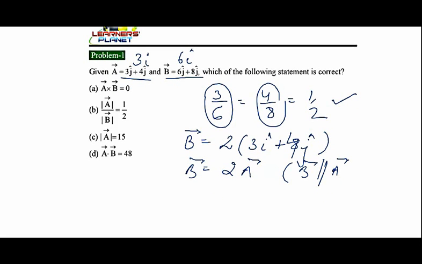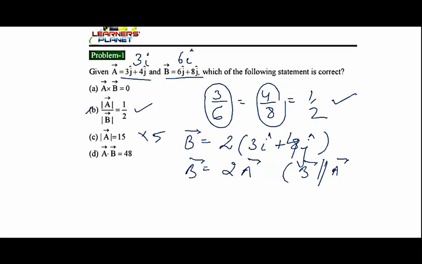Now if you look at option B, the ratio of the magnitudes of vector A and vector B is 1 by 2, so this is correct. This cannot be correct because the magnitude of A is 5.